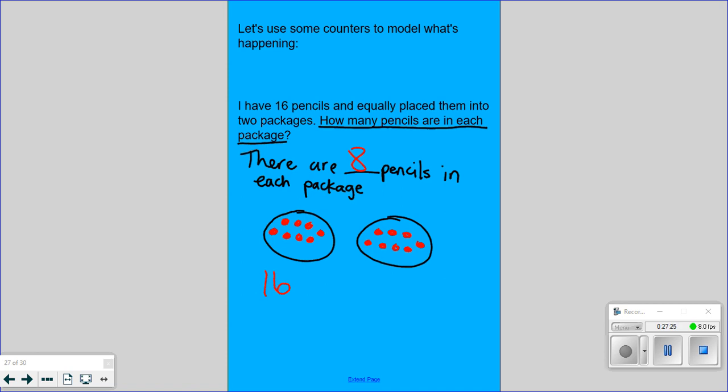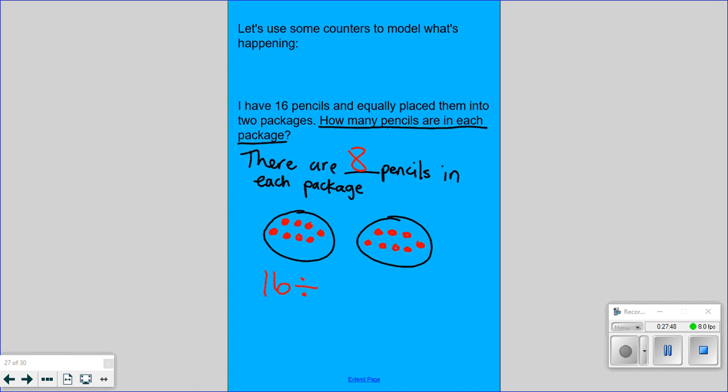Okay, if I'm putting things in groups, that sounds like I'm using what operation? Division. I'm putting things in groups. How many groups? You're right, I'm making groups, but how many groups? Evelyn, you already told me.